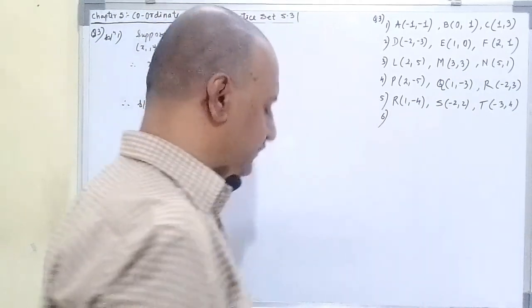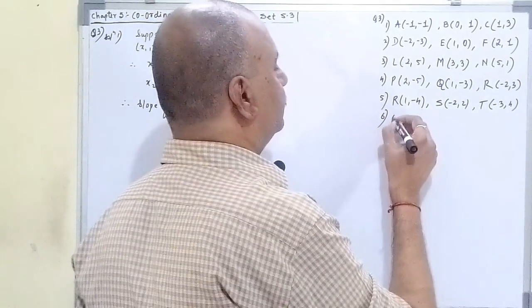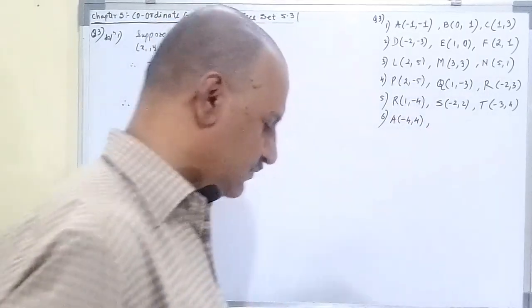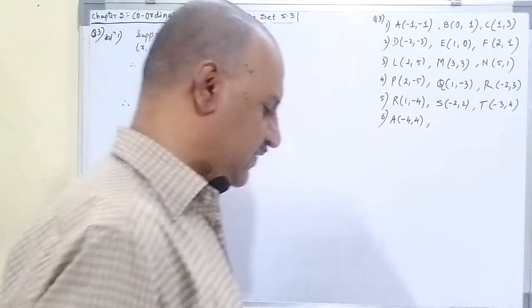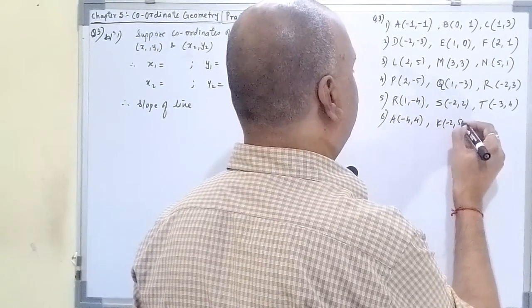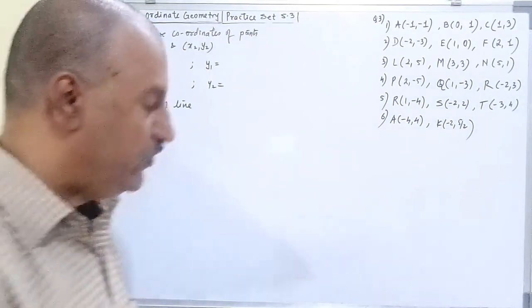Sixth question. K and N. K is minus 2, 5 upon 2, and N is 4 and minus 2.